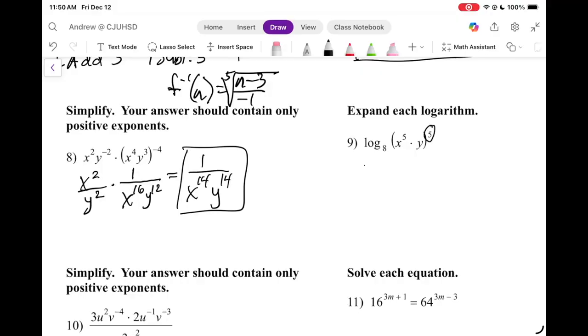All right, we're expanding. First, we're going to bring that exponent out to the front. Okay, now we're going to split the multiplication into addition.